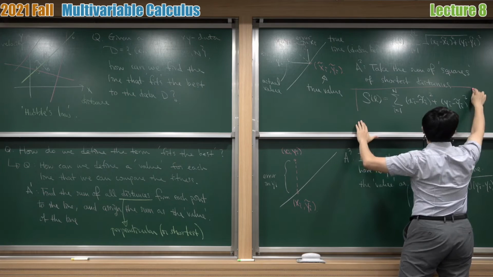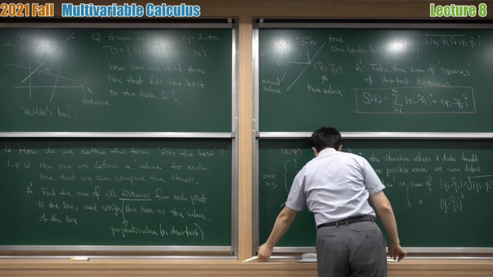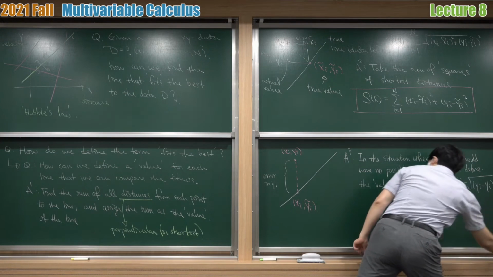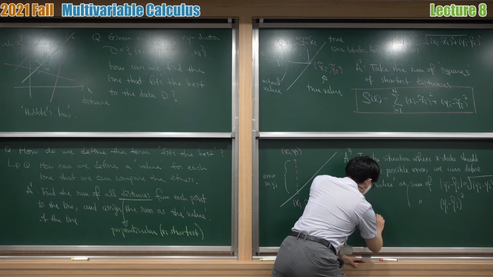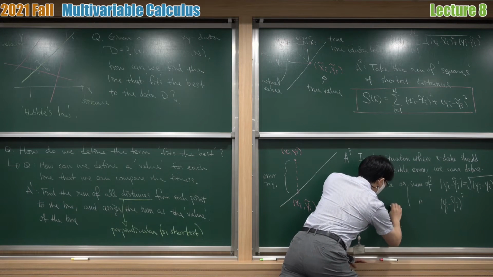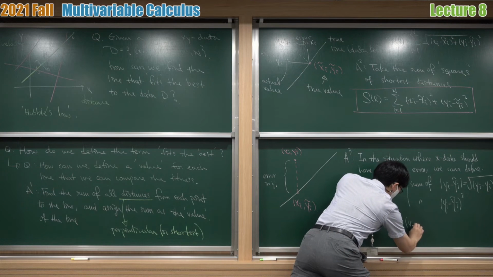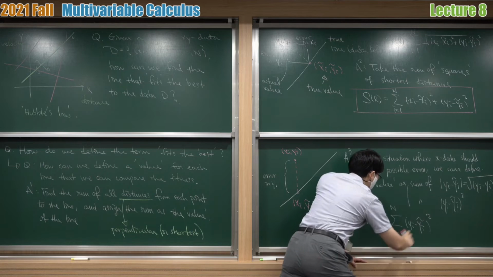You want to try this, or let me give another name here. Let's call it L. It's a sum from 1 to n of yi minus yi tilde, squared. You want to try this?